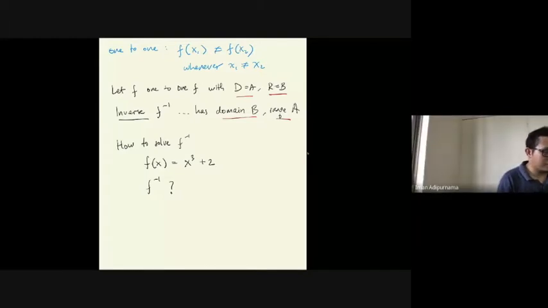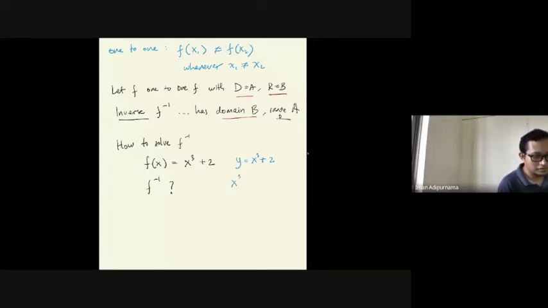Okay. The way we are going to solve it is write down y equals x cubed plus 2. You can also just use f of x, that is fine, but I prefer to use y because later I will show you how. Then solve x in terms of y.